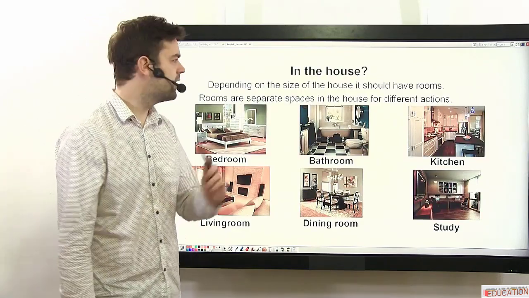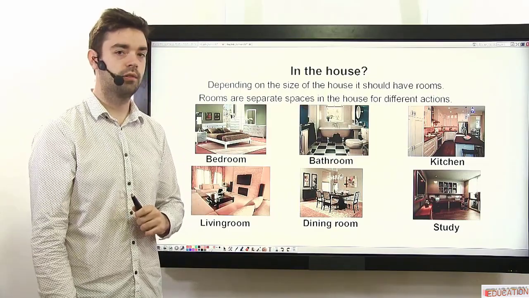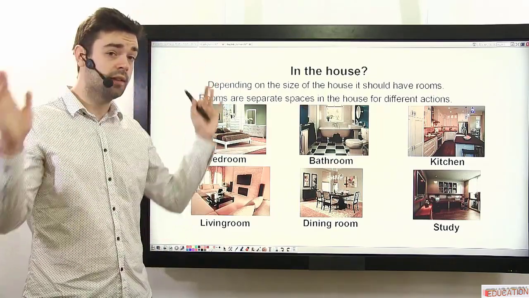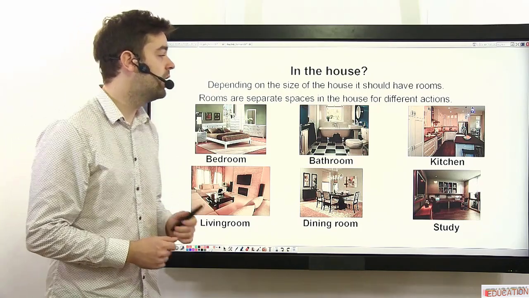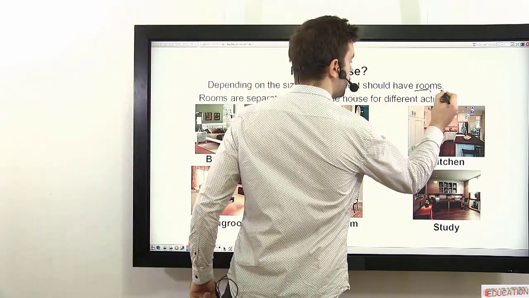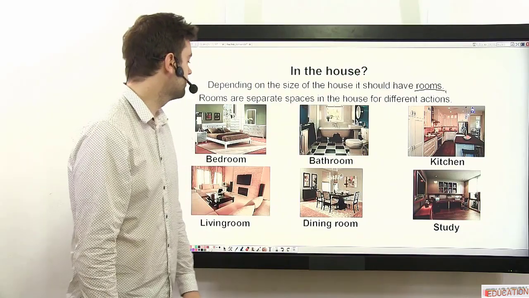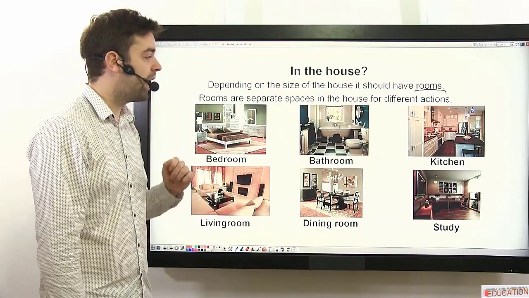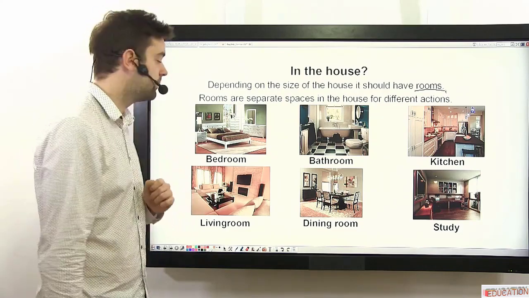So what about in the house? Well, depending on the size of the house, it should have rooms. Rooms are separate spaces in the house for different actions.